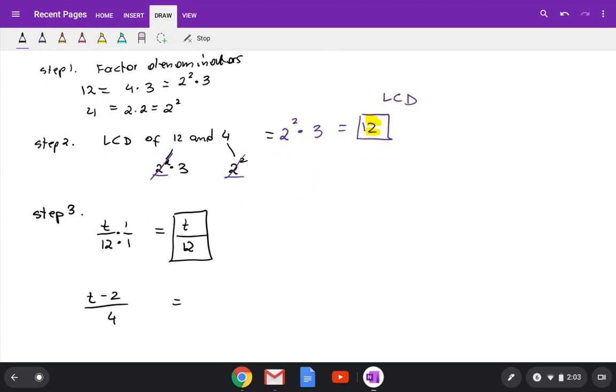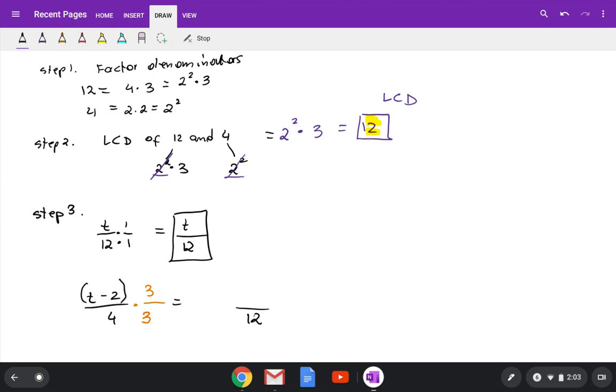Now the second fraction, t minus 2 over 4: you need to rewrite using the common denominator, which is 12, and we need to build an equivalent fraction. From 4, you want to get 12, so 4 has to be multiplied by 3. Since we multiply the bottom part of the fraction by 3, you also have to multiply the numerator by 3. I mentioned a couple times that when you have an expression, especially a binomial, keep it in parentheses.